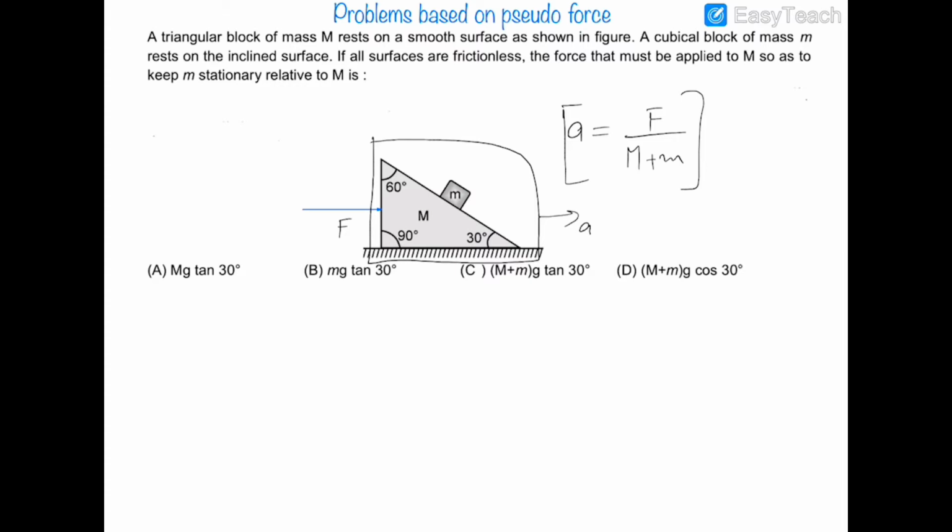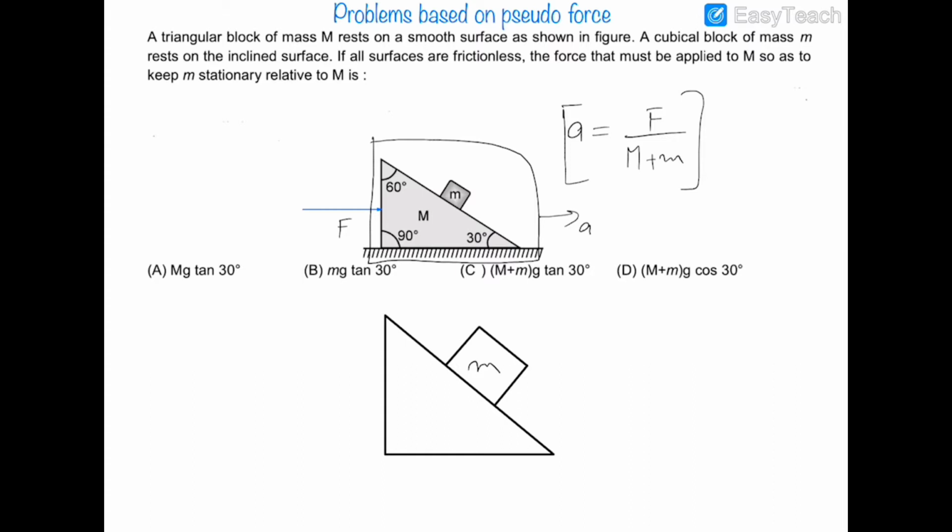Now if I draw the free body diagram, this is the inclined plane, and the block is being kept on the inclined plane like this, and its mass is m. Now I can draw the free body diagram of the block.